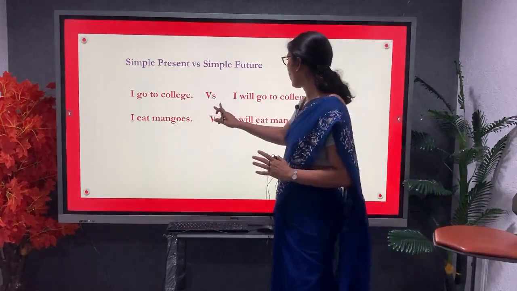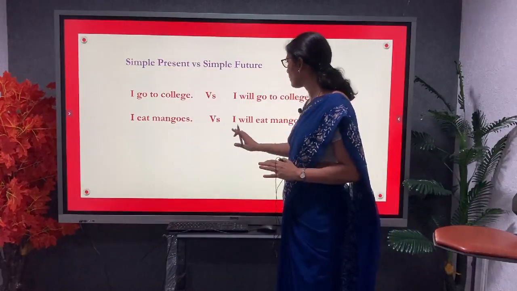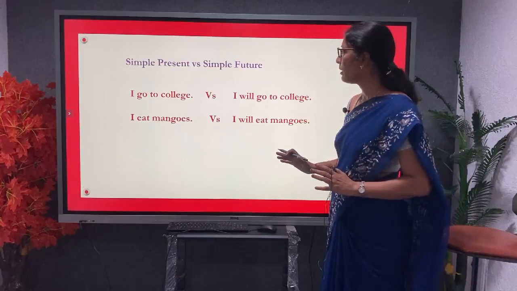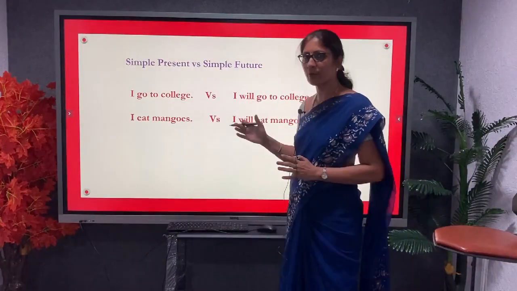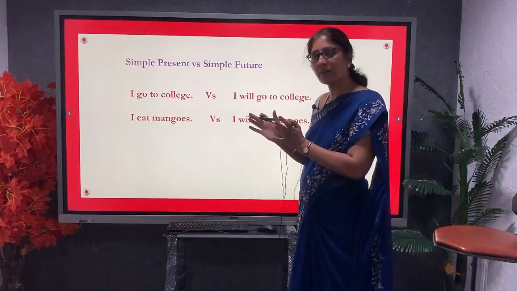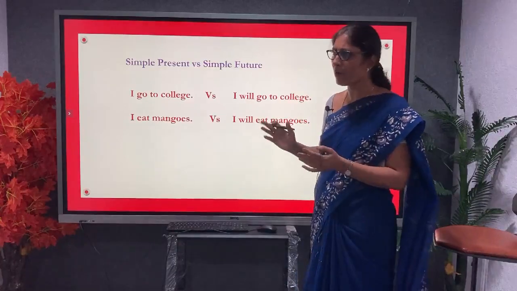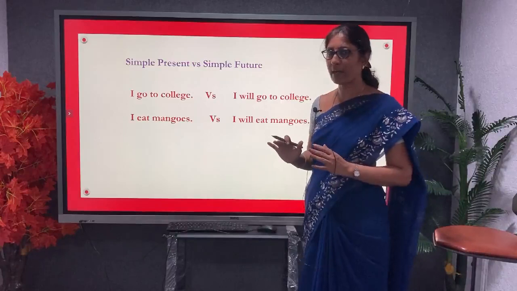Suppose I go to college versus I will go to college. I eat mangoes versus I will eat mangoes. What is the difference? Many times I ask the same question to the students, but they can't make any difference. They simply say the same meaning: I go to college means I go to college, I will go to college means I will go to college. So they can't find the difference.